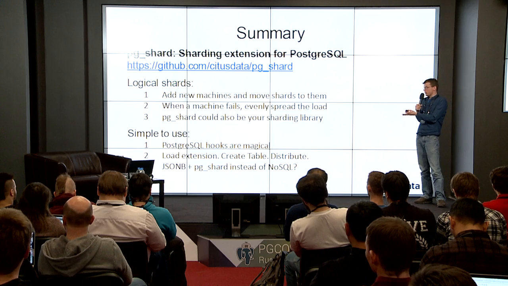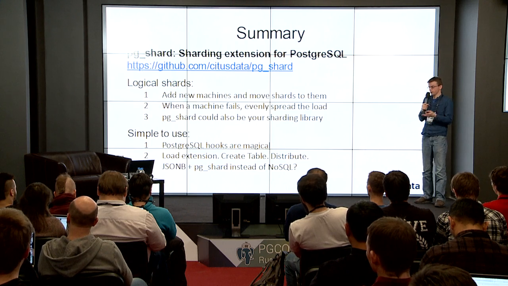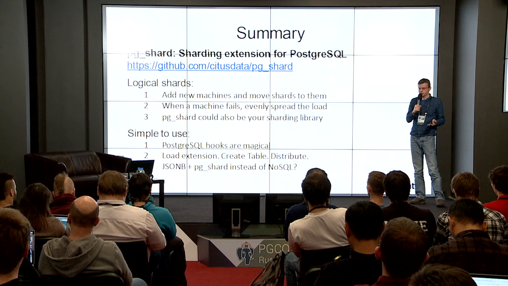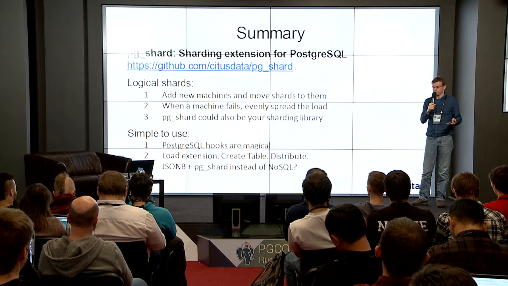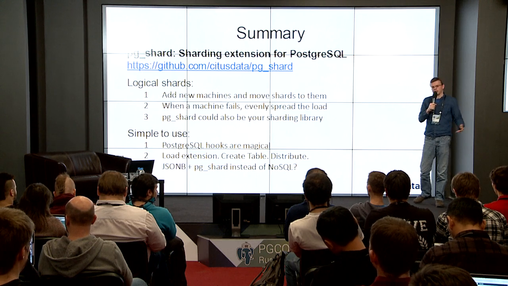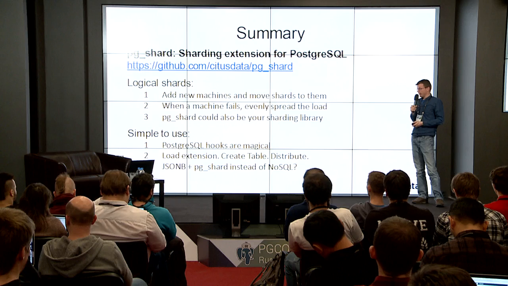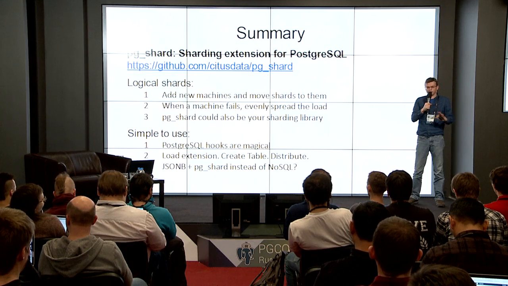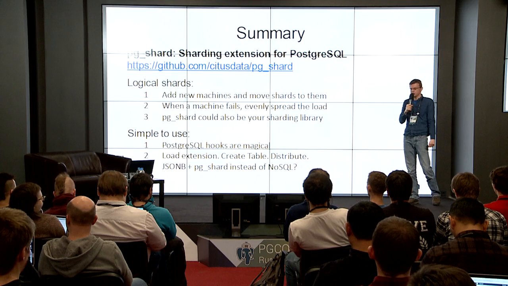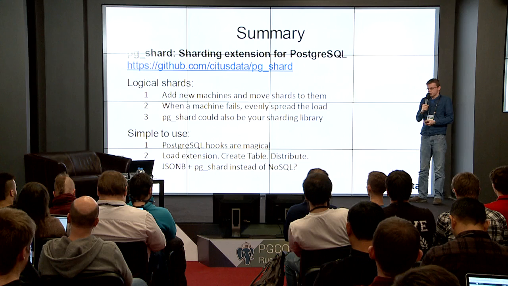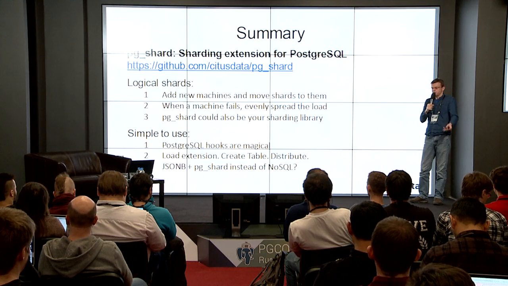It helps you set up logical sharding, which will help you when you need to add new machines or when a machine fails. You could even just use PG shard to set up sharding and then handle a lot of the other logic yourself. And it's really simple to use. It's transparent. You have a distributed table that you can just do an insert on. To use it, you basically just load the extension, create a table, and then distribute it, and then you can start running queries.